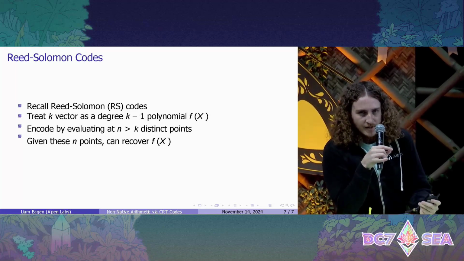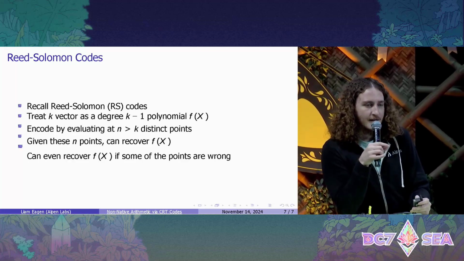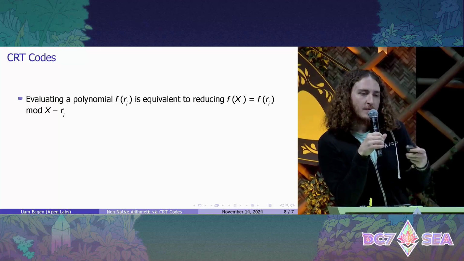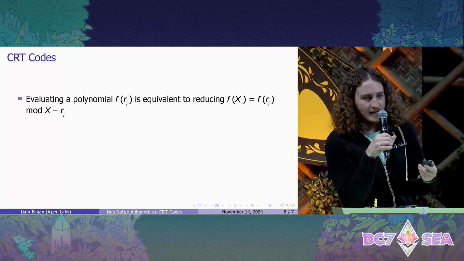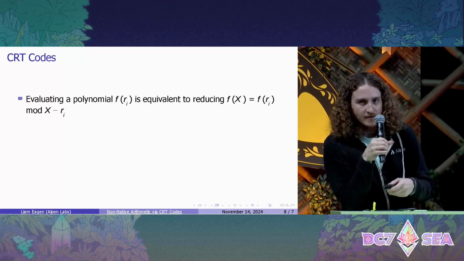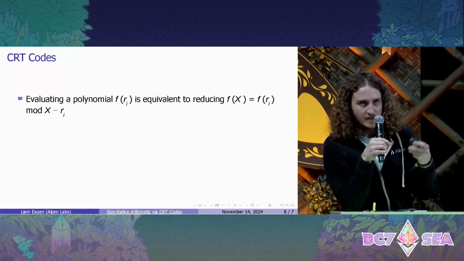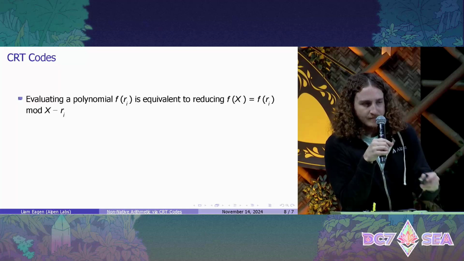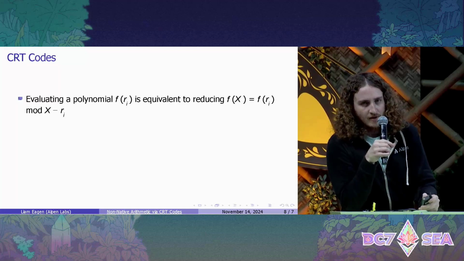Certainly given all of the points you can recover. So given a polynomial, and evaluating it at some set of points, this is equivalent to reducing the polynomial mod this degree 1 ideal, x minus ri.